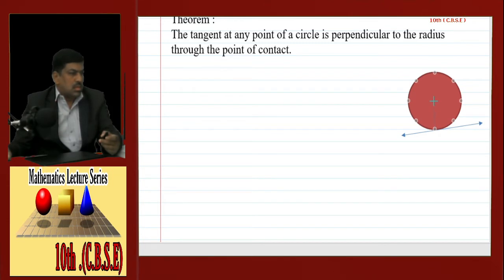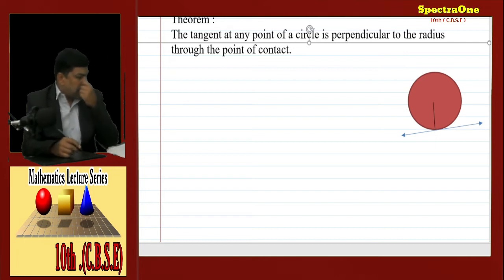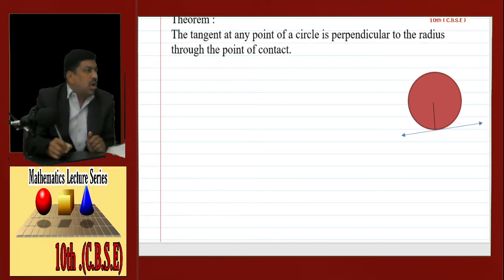This is the center of the circle, and this is the radius. So how do we prove this? So what is the given?